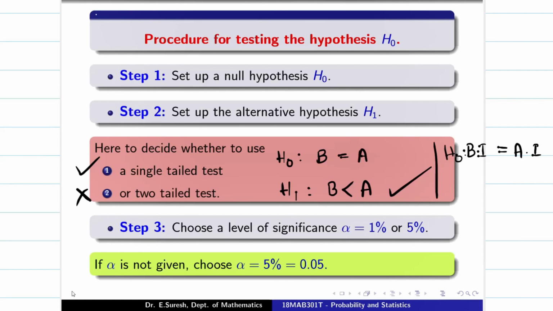In this situation, I cannot say H1 is that after using insulin the patient's sugar level can increase, because they are coming for decreasing the sugar. So before and after insulin, the sugar level should go down. In this situation, I cannot use greater than, I should use less than. Now it comes under a single-tail test.